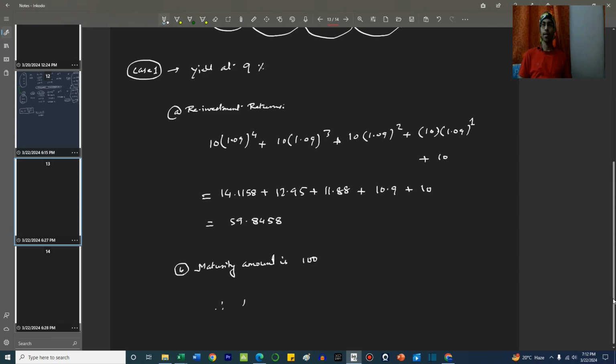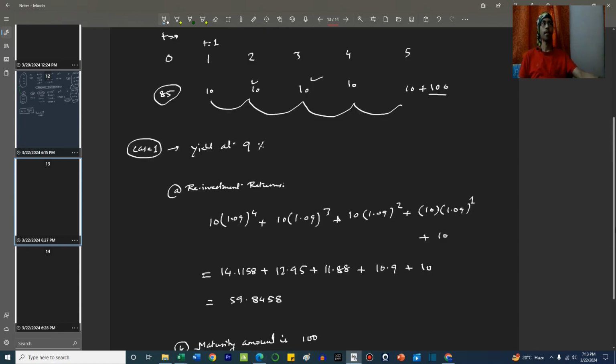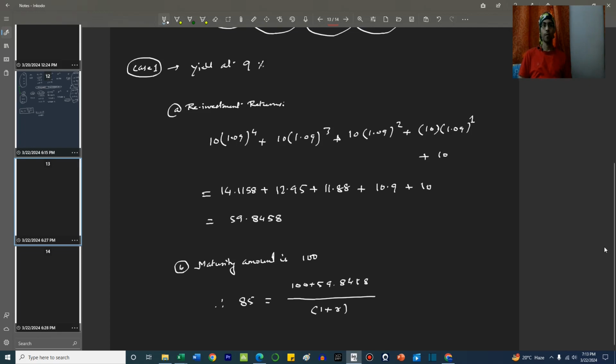Now the maturity amount is 100, right? Therefore, the person has paid 85 and his total return is 100 plus 59.8458. Let's say the return is R. This is for how long? This is for 5 years, right? He invested at t equal to 0, therefore this is 1, 2, 3, 4, 5. So the compounded return is expressed by this equation, where R is the return to the investor.